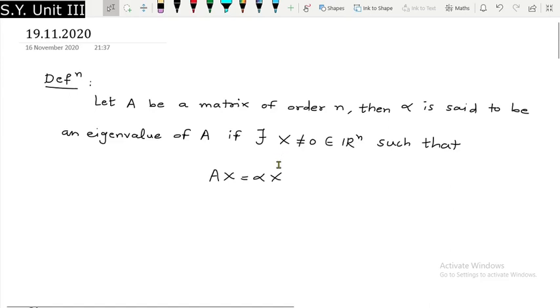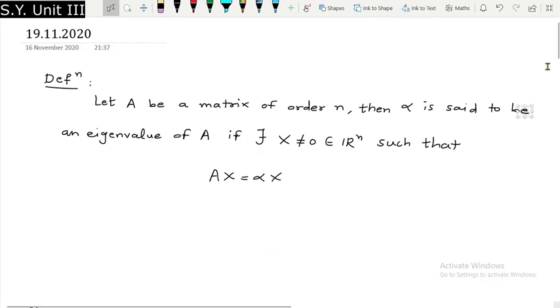And remember, it is a column vector, satisfying Ax is equal to alpha x. And whenever we talk about a linear transformation, this vector is from a vector space V actually, and the condition is T of v is equal to alpha v, right?